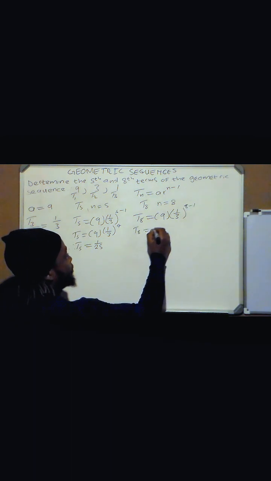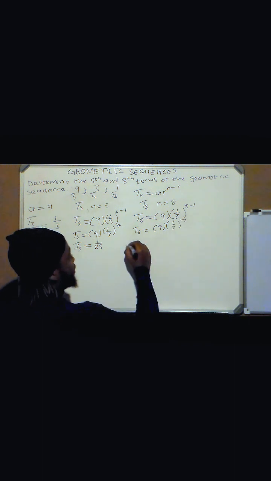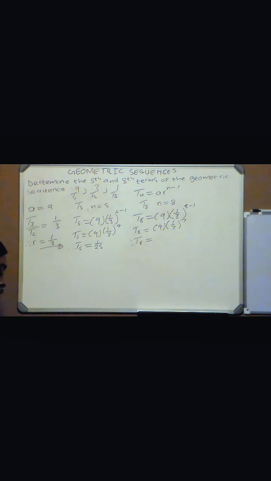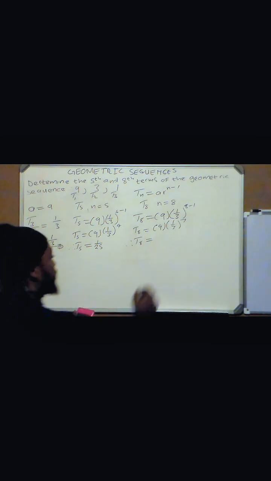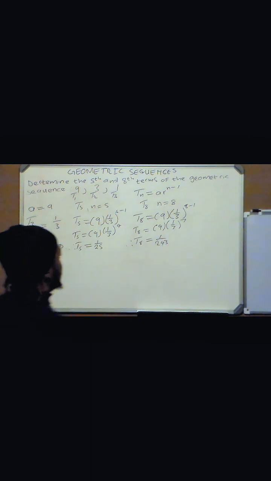So T8 is equal to 9 multiplied by 1 over 3 to the power 7. So therefore the 8th term of the sequence is equal to 1 over 243.